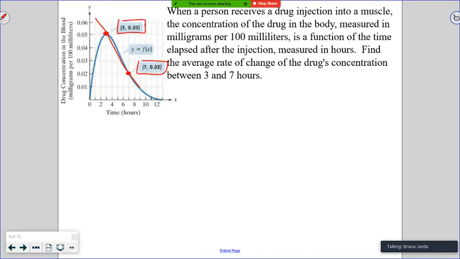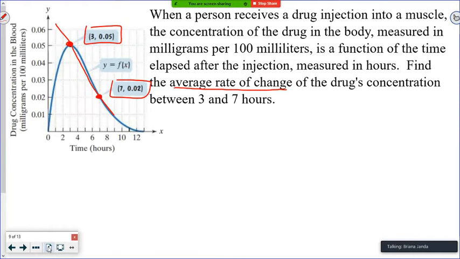So again, this whole average rate of change is a fancy way of saying find the slope between those 2 points. Easy enough? You guys find it. I'll make those numbers bigger for you.